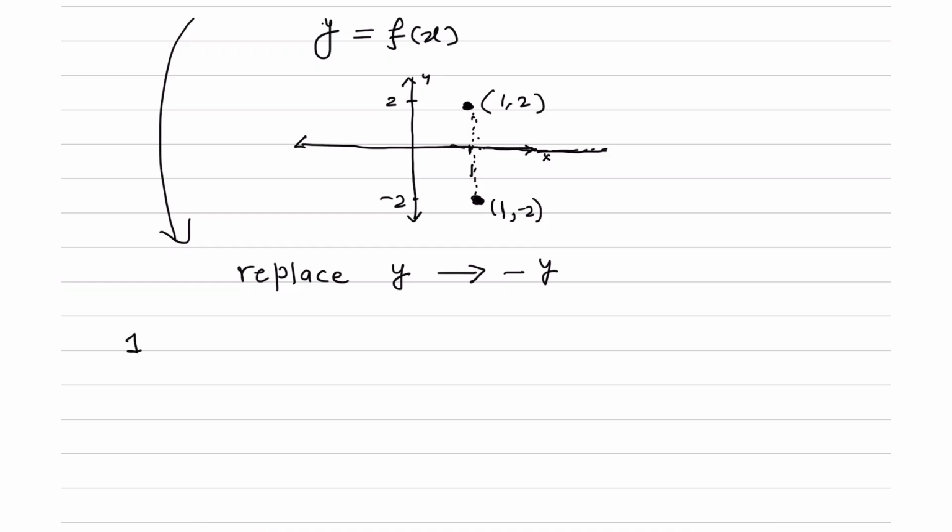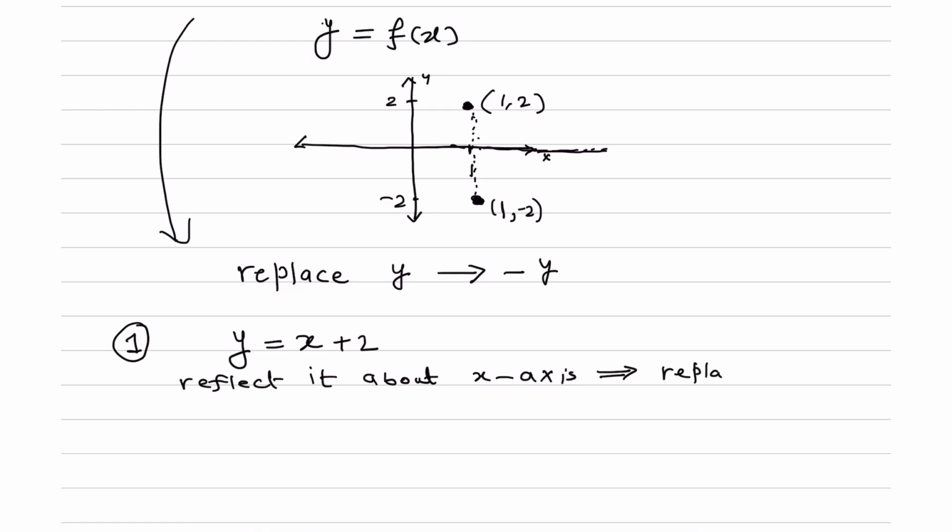Let's try an example. We have a graph y equal to x plus 2. So we want to reflect it about the x-axis. We know the rule: replace y with -y.